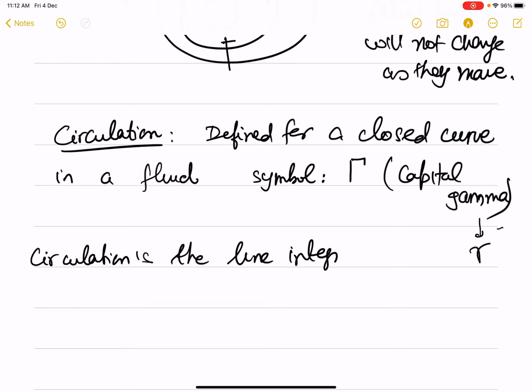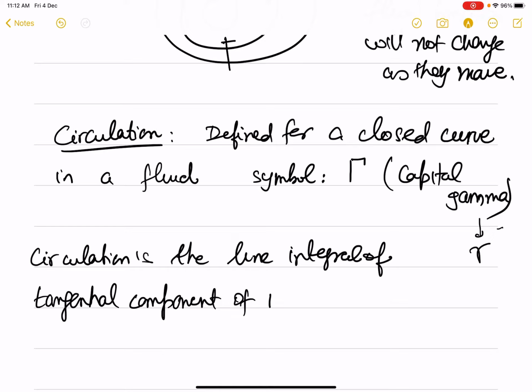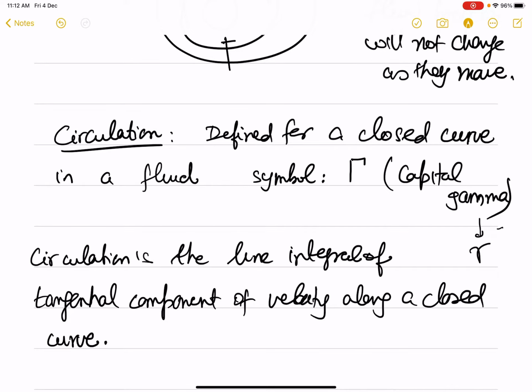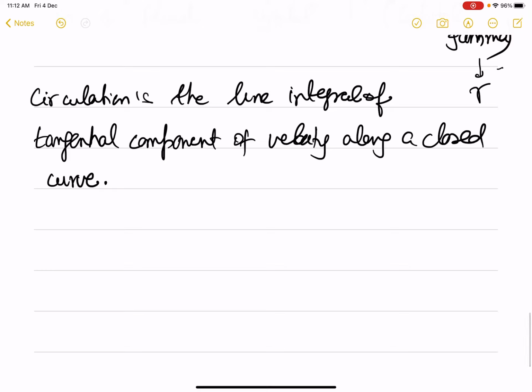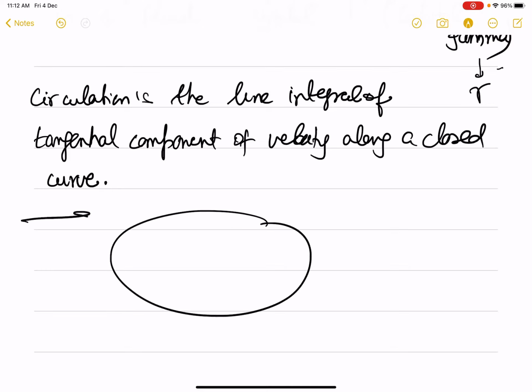Circulation is the line integral of the tangential component of velocity along a closed curve. So in a flow, where there is flow taking place, we choose a closed curve.